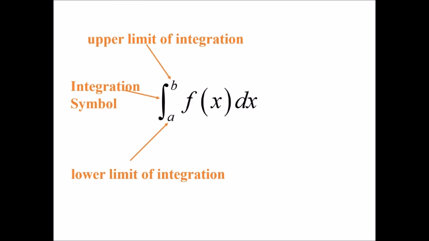The number on the top is the upper limit of integration. So on that first integral we saw before, the lower limit would have been 0, the upper limit would have been 8. Then you write whatever function you're trying to take the integral of. We call that the integrand, although you probably won't ever hear that terminology again.